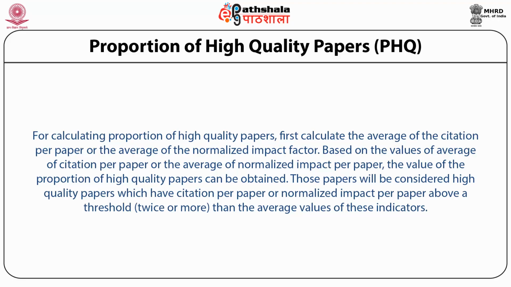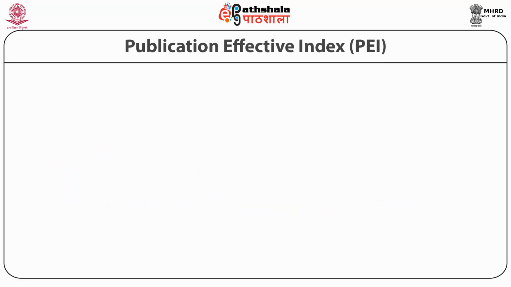Those papers will be considered high quality papers which have citations per paper or normalized impact per paper above a threshold, say twice or more than the average value of these indicators.